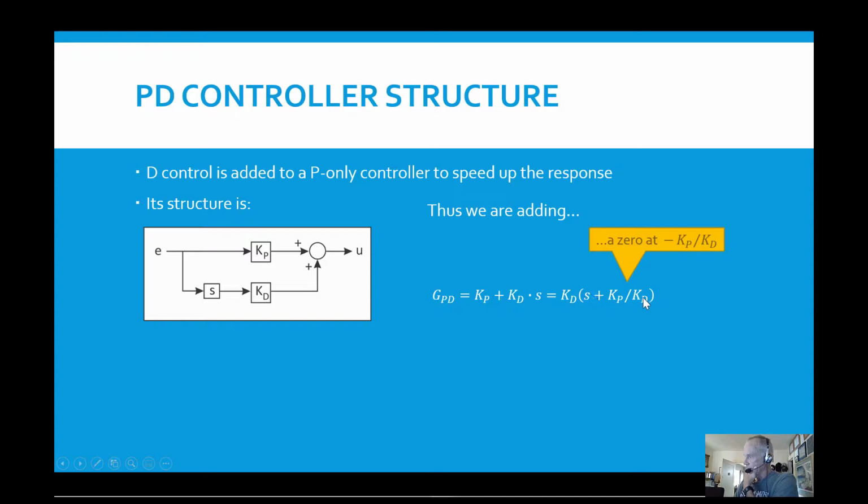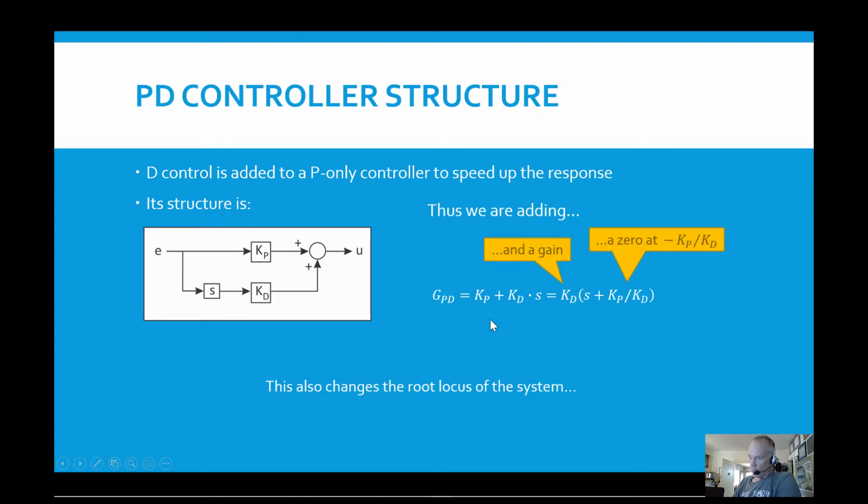This is in the numerator. There is no denominator, so this is a 0 in the numerator. So we have a 0 there, and we have a gain in front of that. So the PD controller is actually simpler than the PI controller. The PI controller is like the PD controller, except it also has a 0 at the origin.